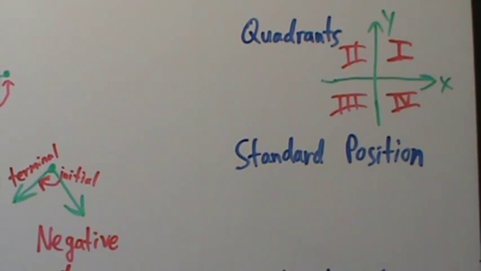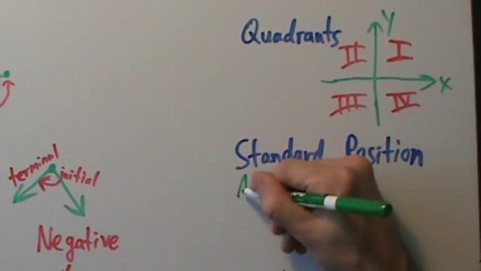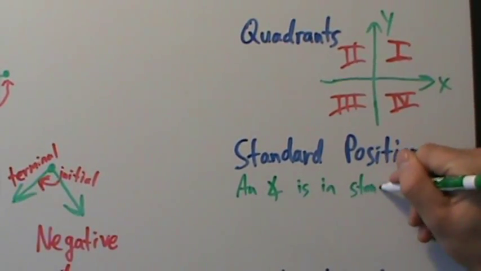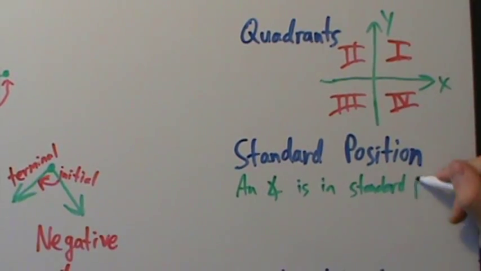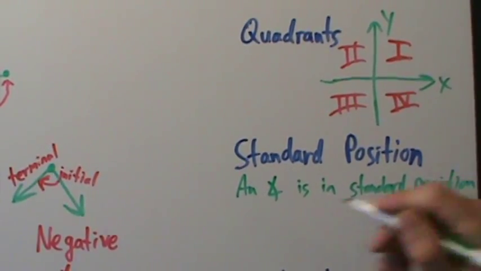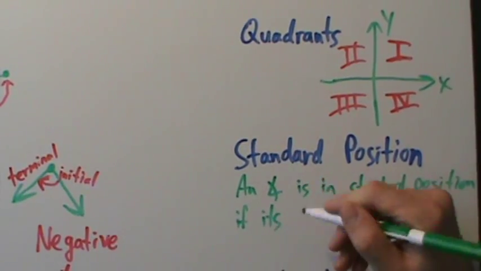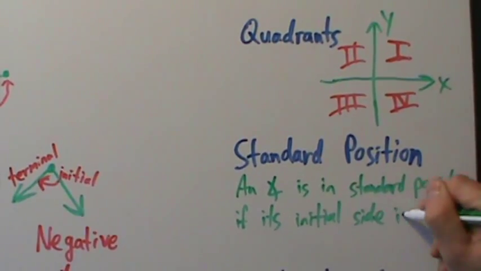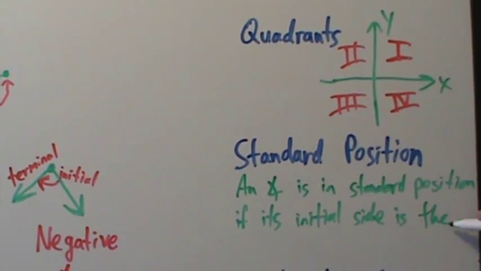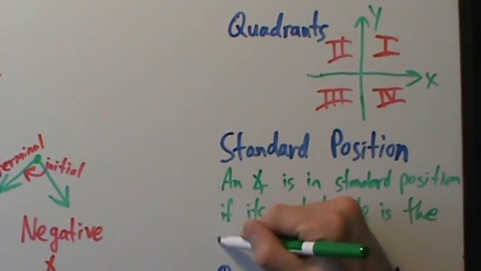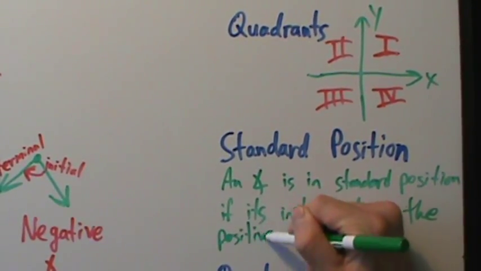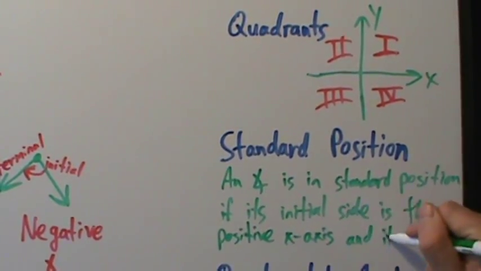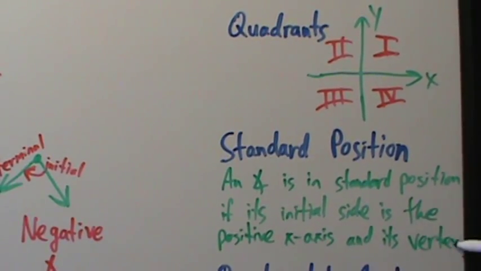So standard position: an angle is said to be in standard position if its initial side is the positive x-axis and its vertex is the origin.